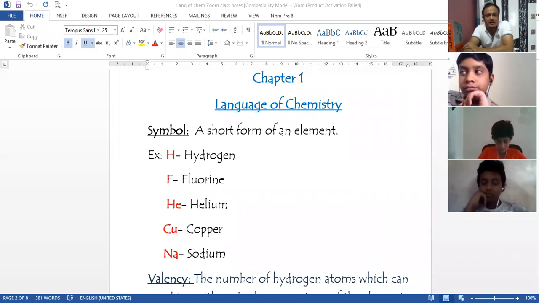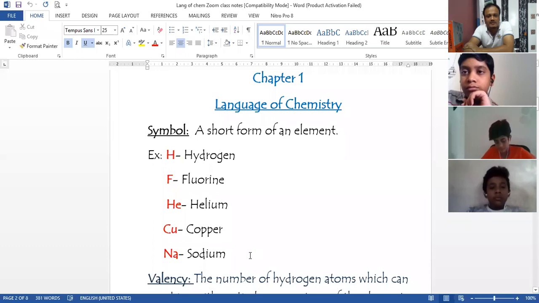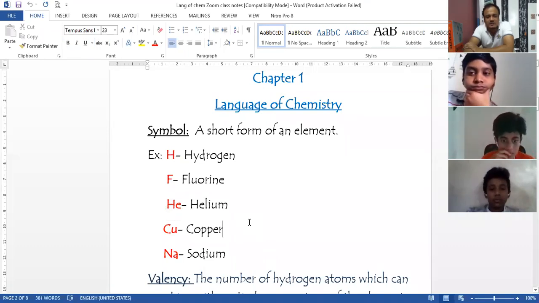For example, carbon is C and hydrogen is H and fluorine is F. But when we have elements which start with the same alphabet, we go for the second alphabet or the next alphabet, whichever is there. That is how we get helium as He. This is the second way of writing the symbol for an element, right? And then we have the Latin names, Greek names, and all those kinds of names.